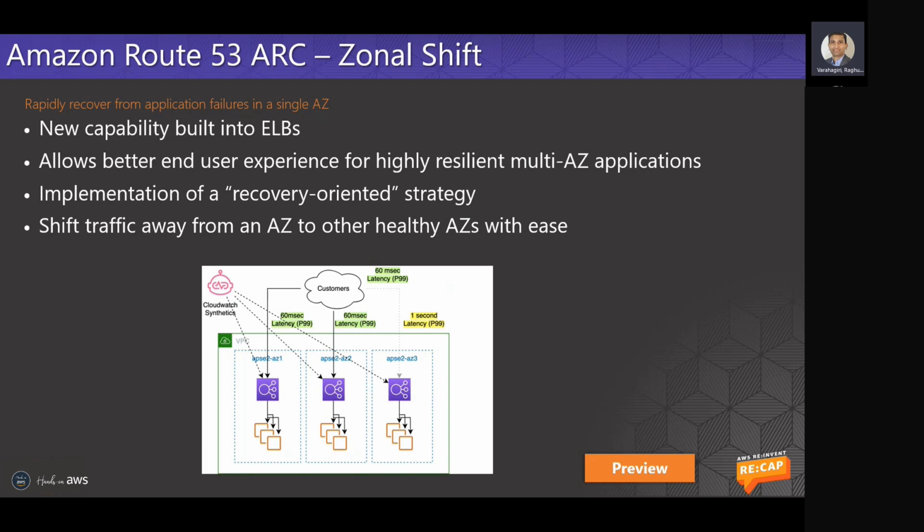So within an AWS region, if there is some issue with one of the availability zones, you already had a few levers earlier, some architectural patterns using load balancers, etc. But now Route 53 can play a part in giving you that kind of resilience, so that at the DNS level you can completely take one availability zone out of service if you detect any health issues with that availability zone.